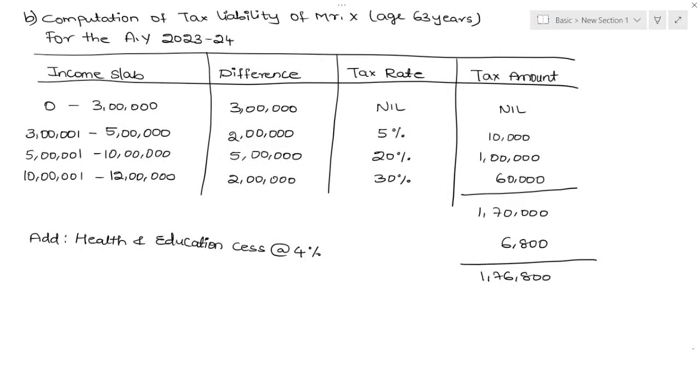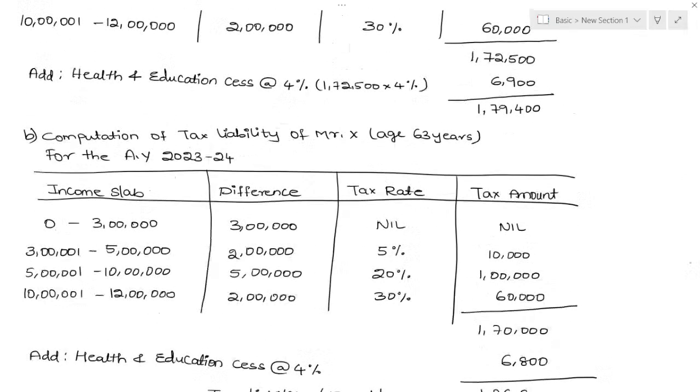And we'll write to this amount tax liability or tax payable. In the earlier part also, case A, we'll write tax payable. So tax payable in case B is 1 lakh 76,800, and in case A 1 lakh 79,400 is tax payable.